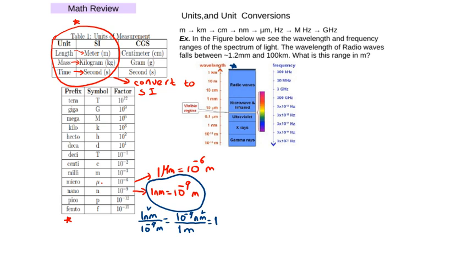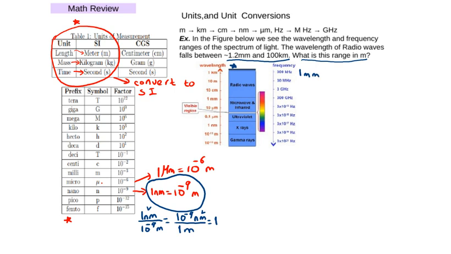This is a figure of the electromagnetic spectrum, simply light, and how many different light waves we have in there. And these are overall wavelengths. The question tells us the wavelength of a radio wave varies between 1.2 millimeter and 100 kilometers.